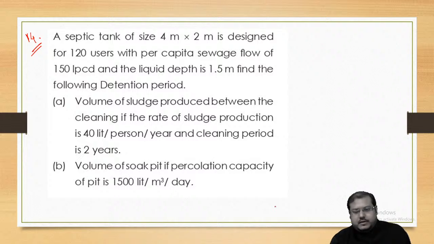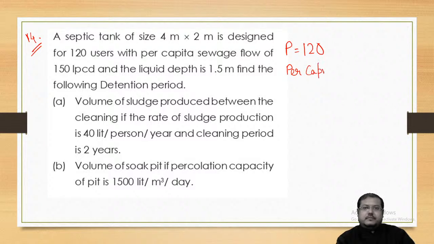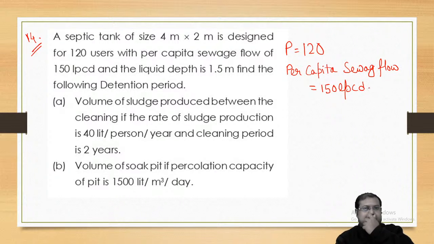Let's solve the question. A tank of size 4 meter cross 2 meter is designed for 120 users, with the per capita sewage flow of 150 LPCD, and the liquid depth is 1.5 meter.